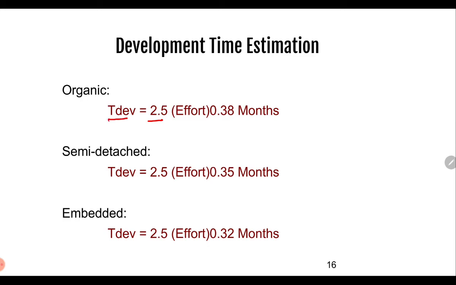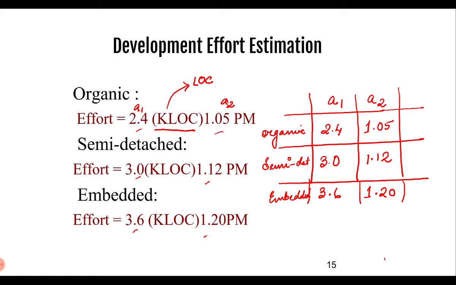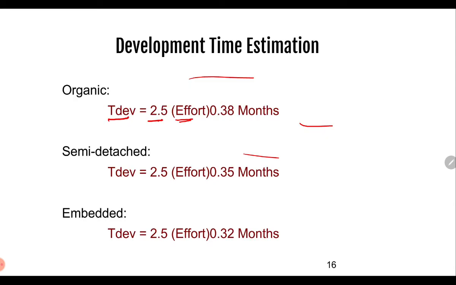TDEV is equal to 2.5 into effort, which is calculated from the previous section, and after that we have to raise it to the power B2.